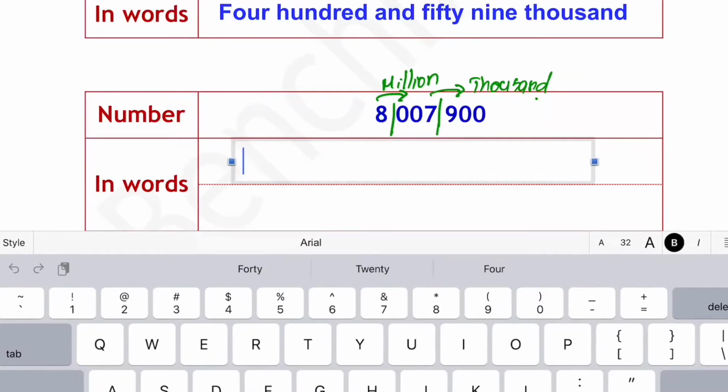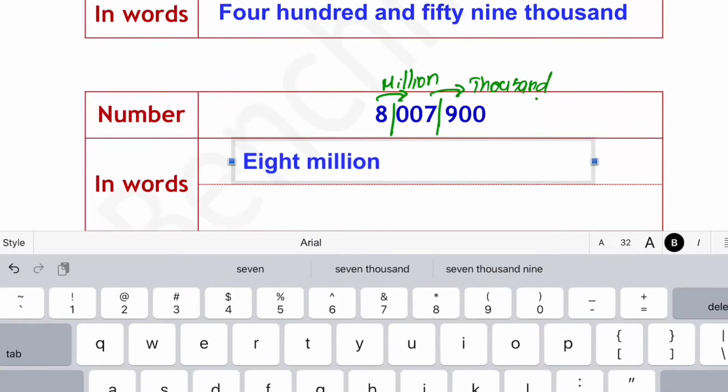Let's enter. First of all, I have 8. Initially, I have 8. Enter that. 8. So, thereafter my bridge is million, and then in my next section I have only 7.